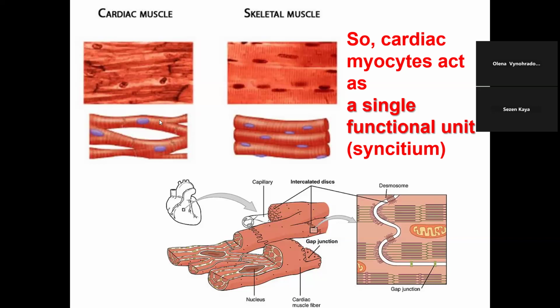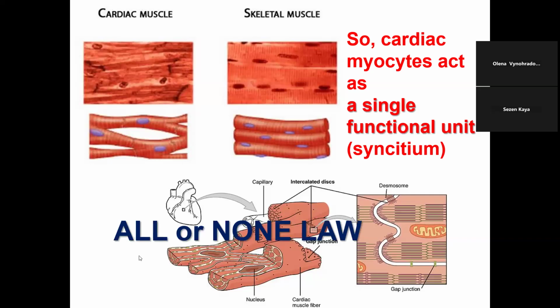But cardiac muscle works by the all-or-none law. Either we have enough irritation to induce an action potential in all of the muscle, or we do not have this potential. That is all. So please memorize and notice that all cardiac muscle works according to the all-or-none law.